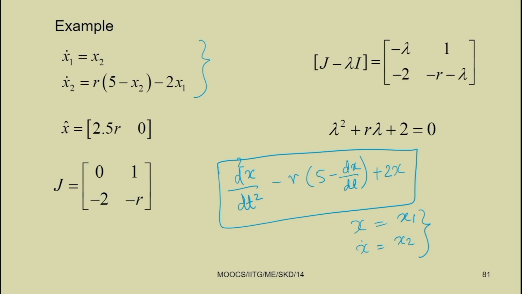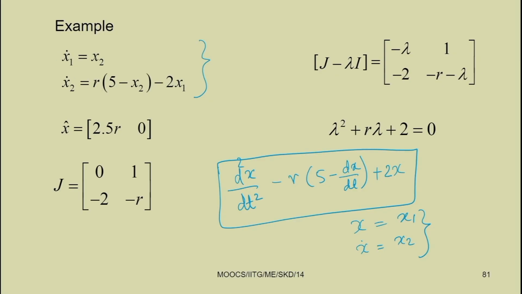To find the equilibrium solution, or steady state solution, it will not be a function of time, so x1 dot equal to 0 and x2 dot equal to 0.